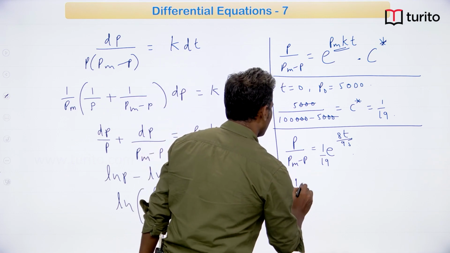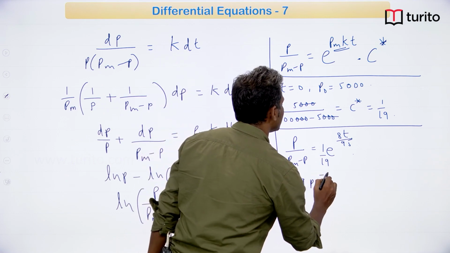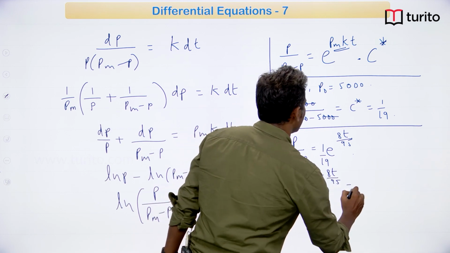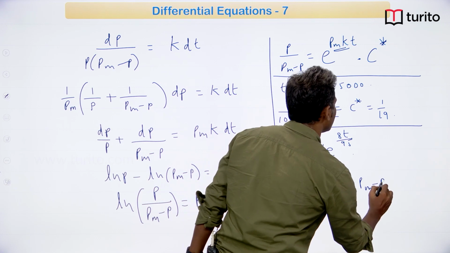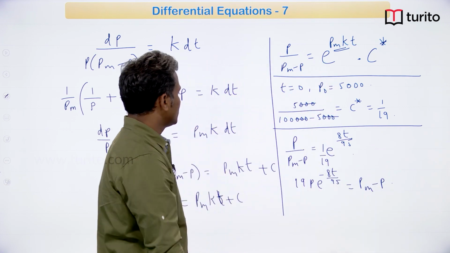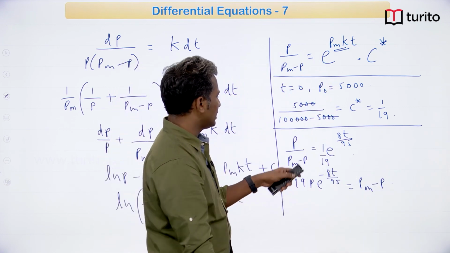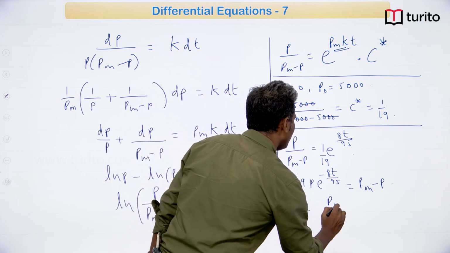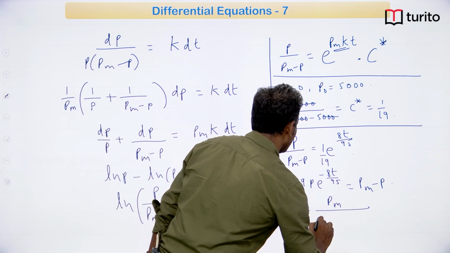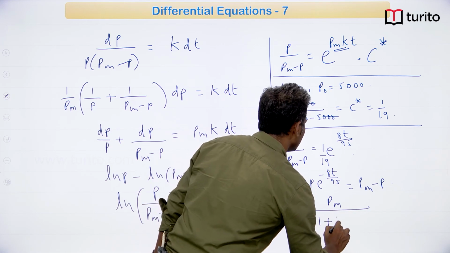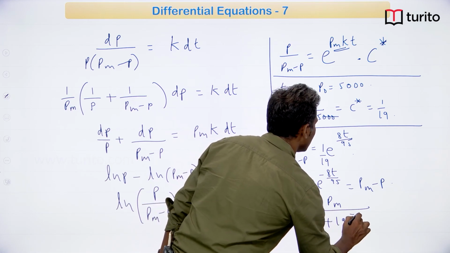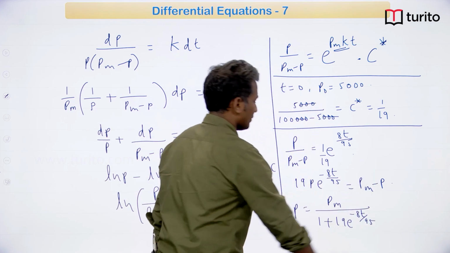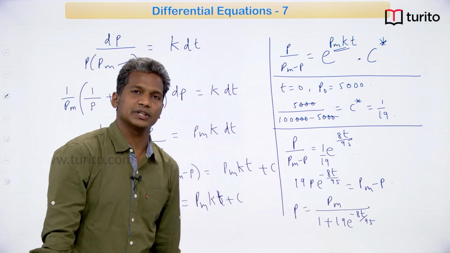So when we cross multiply, we will get 19P into e raised to minus 8t by 95 must be equal to Pm minus P. Okay. So from here we can calculate P to be P equal to Pm divided by 1 plus 19 into e raised to minus 8t by 95. Okay. This is the resulting function.